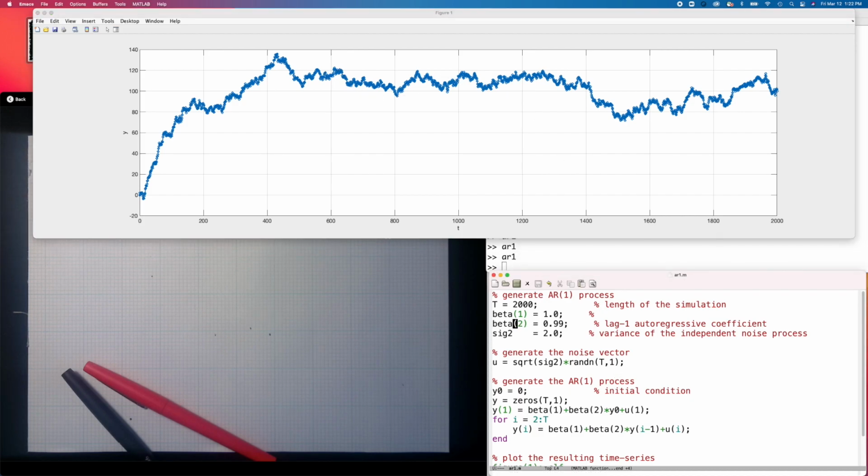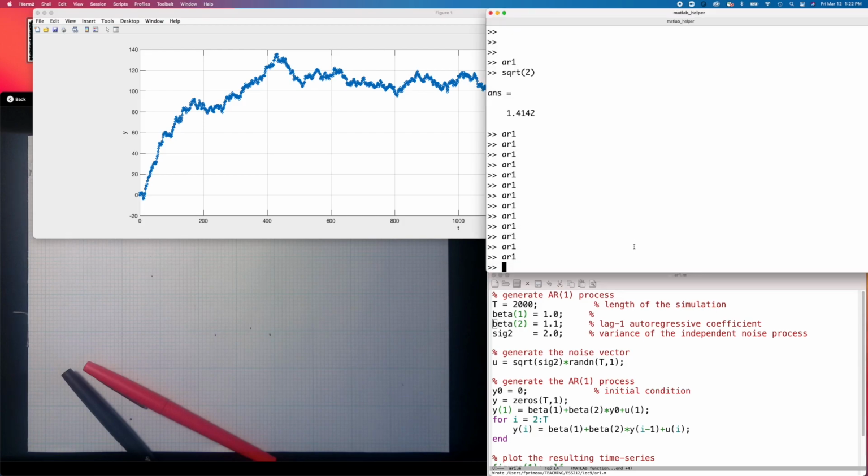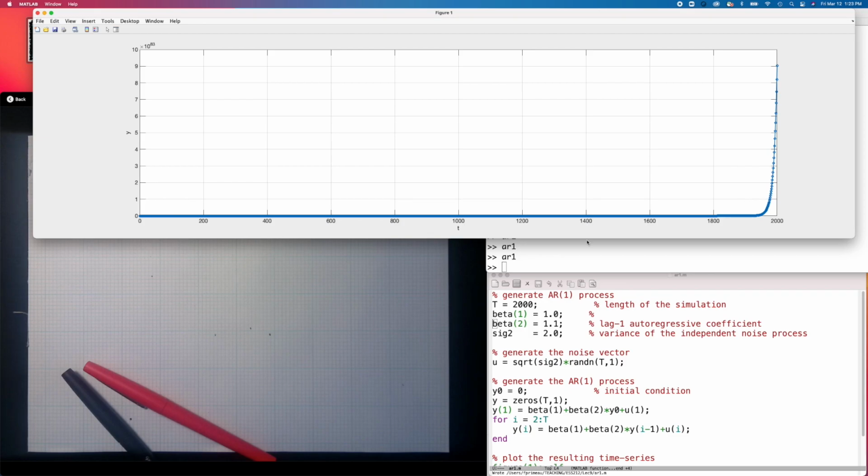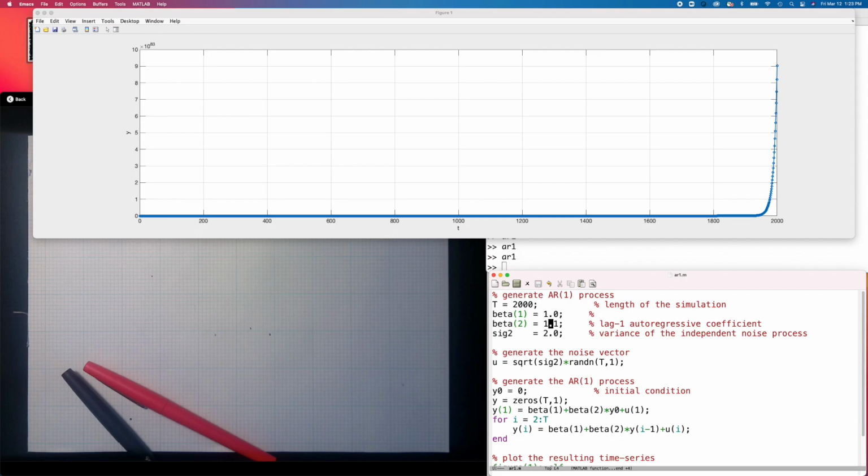Now what happens if I make it bigger than 1? Now things blow up exponentially. So it seems that beta 2 has to be less than 1 if we're not going to have explosive time series. And the special case for beta 2 equal to exactly 1, that's known as a random walk.